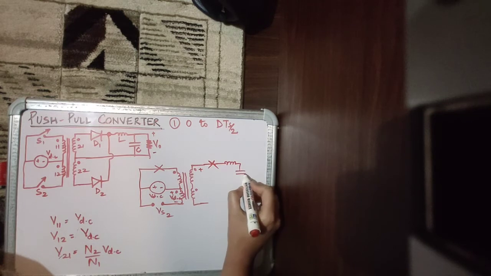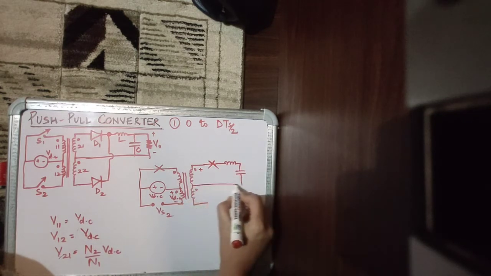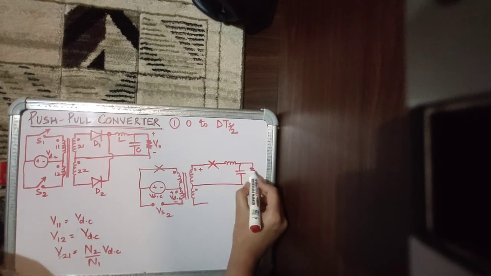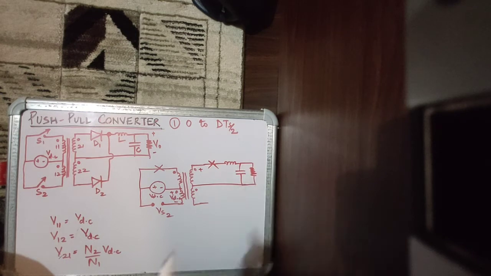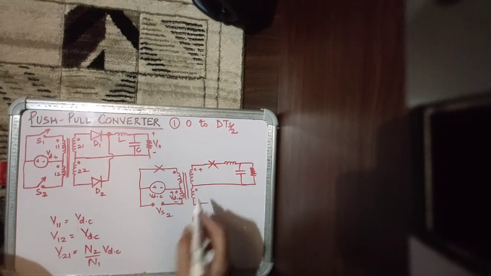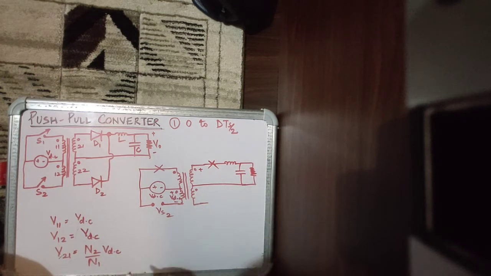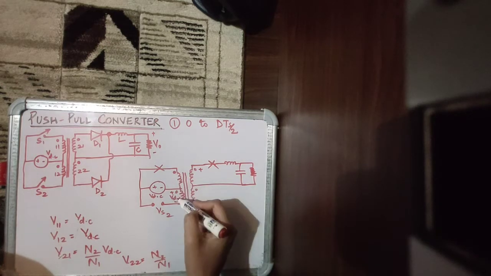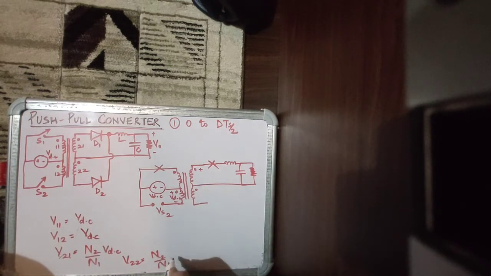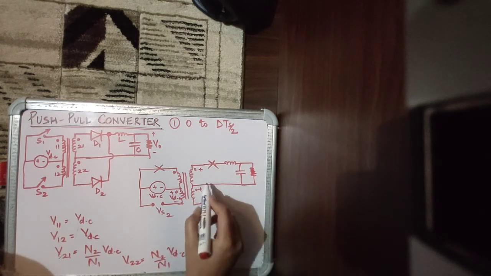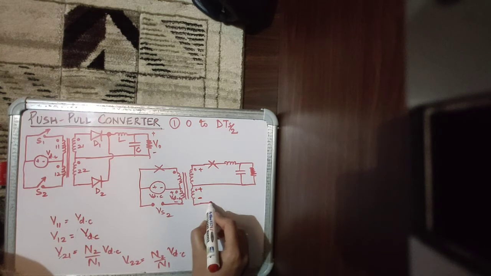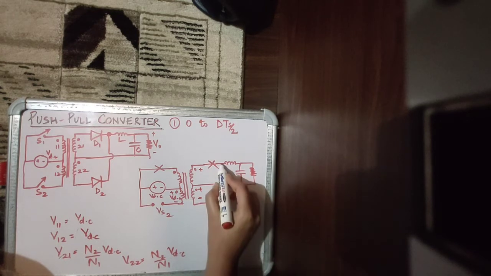The inductor will start storing energy, part of the energy getting into the capacitor and also feeding the load. The voltage on the bottom secondary winding, say V22, is again N2 upon N1 times VDC, assuming both of these are N1 and both of these are N2. But now the dot is positive, this is negative, so this diode is not in conduction.